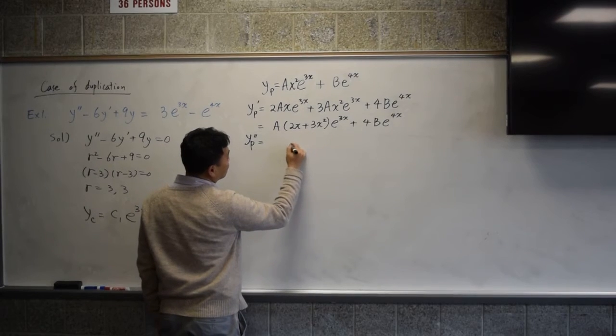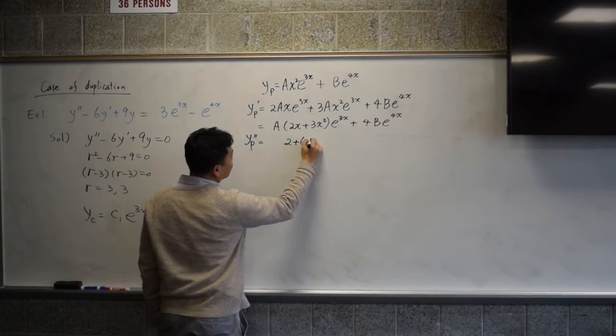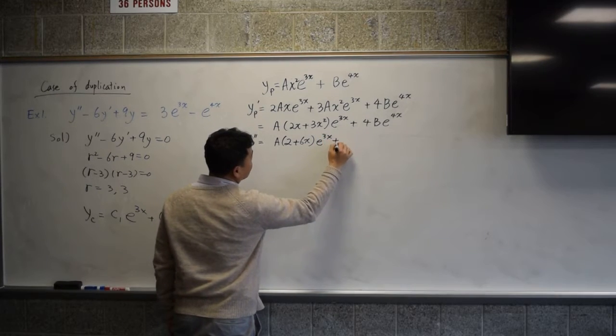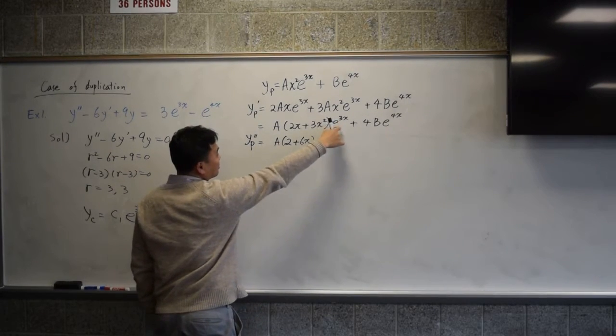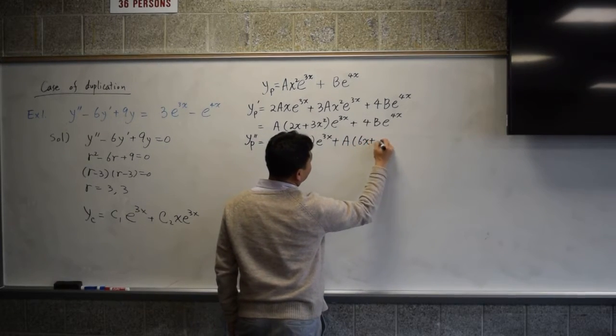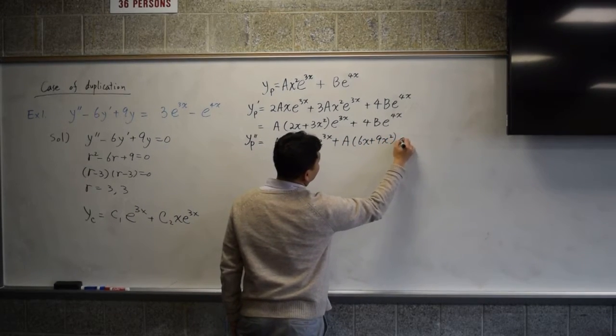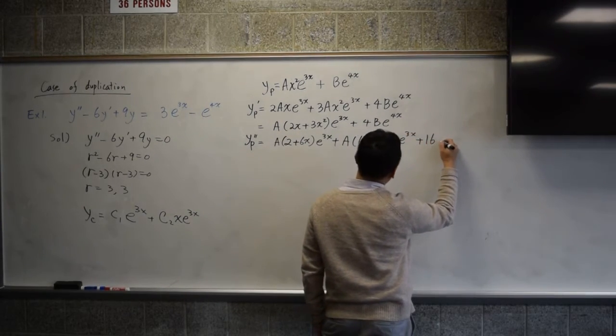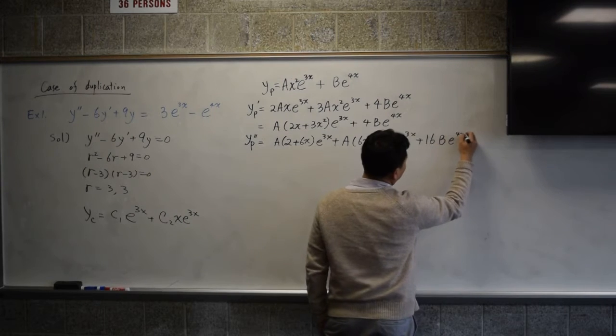If you differentiate this, that's 2 plus 6x, a times e to the 3x. And if you differentiate this, 3 gets multiplied to everything. You get a times 6x plus 9x squared e to the 3x. And this, when you differentiate, that's 16 times b times e to the 4x.